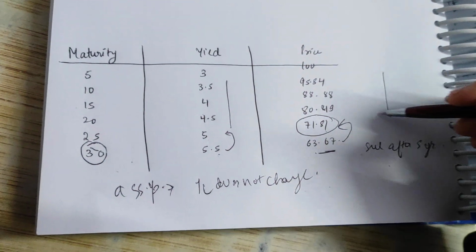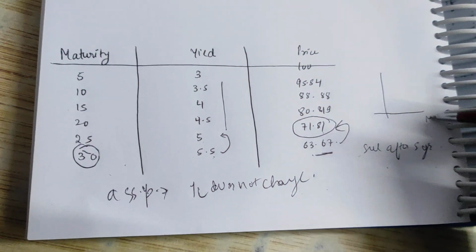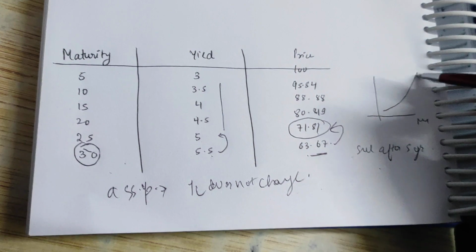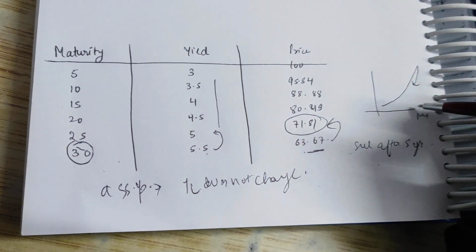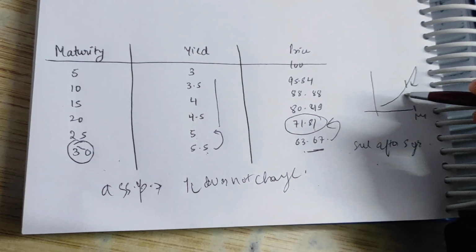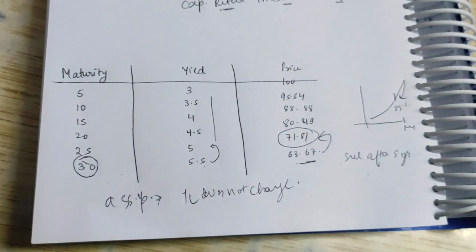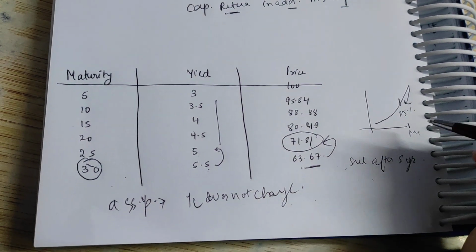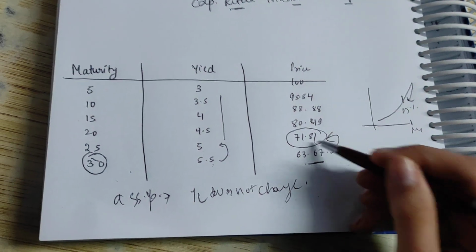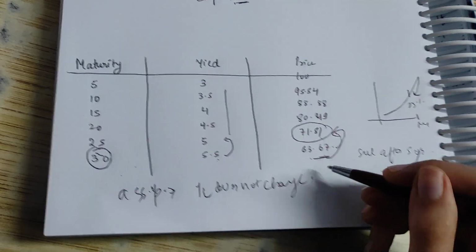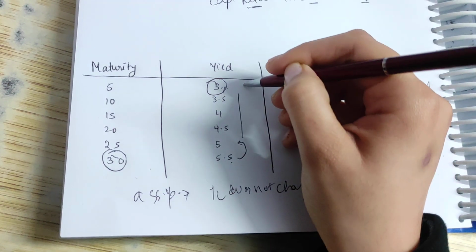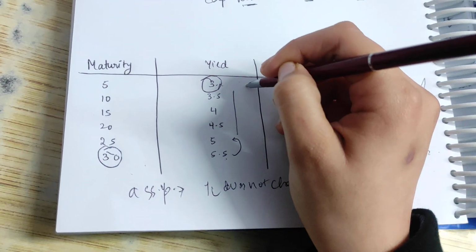If I draw the yield curve, with maturity on the axis, it is going upward sloping, and we are going down the yield curve. It was 30 years and we are selling it at 25 years, so what we are doing is going down the yield curve, right? Then we sell at 71.81, and we have a capital gain in addition to the 3% return that we have already earned in the coupon, right?